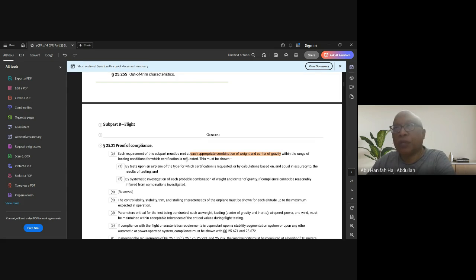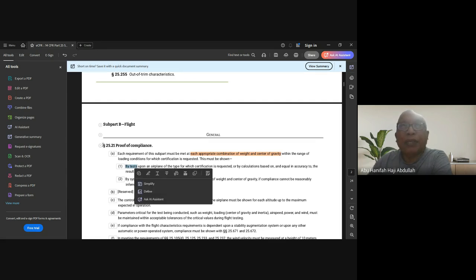So all the weight conditions, combinations of weight and CG. How many weight and CG combinations do you need to work? You need to operate the aircraft, and you have to show those by analysis. Okay, second, by test. This is another issue: you have to show compliance by test.